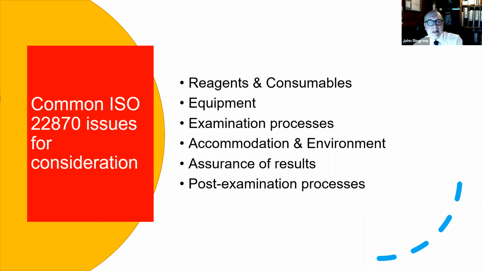If you are storing reagents and consumables, how are those things stored? Are they stored in the appropriate conditions? Do you have any acceptance testing and batch-to-batch variation? How do you manage batch-to-batch variation? Because sometimes that can take place, so there needs to be some kind of processes in place that enable you to manage that. And do you have any control over any of the authorized suppliers of some of these things as well?